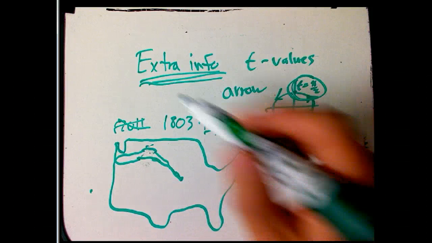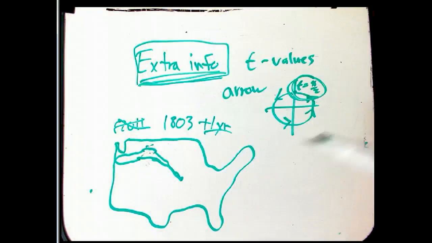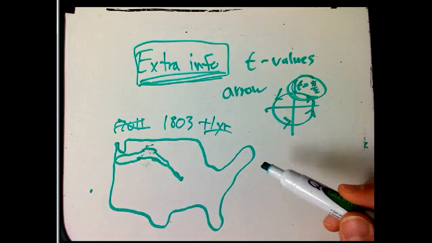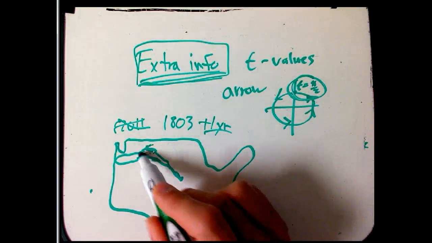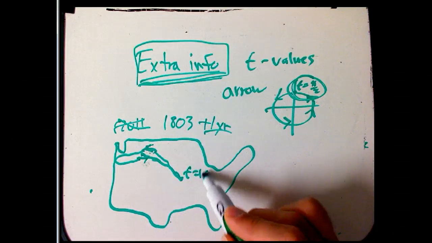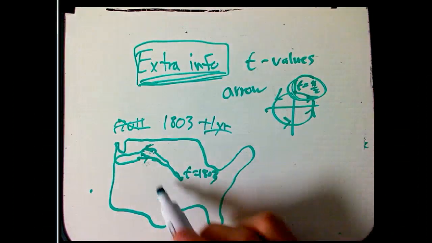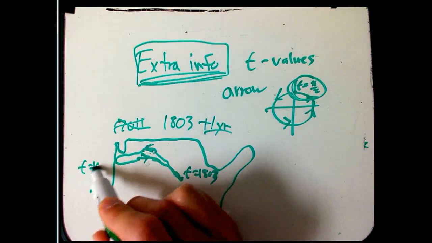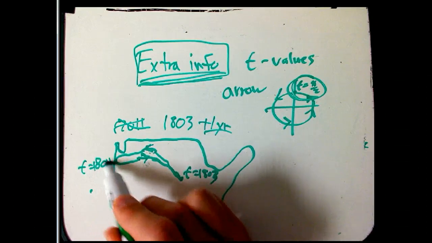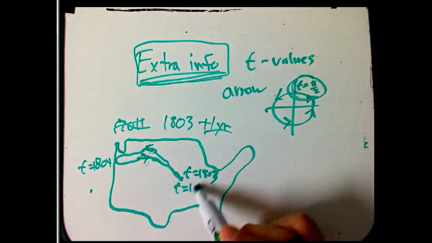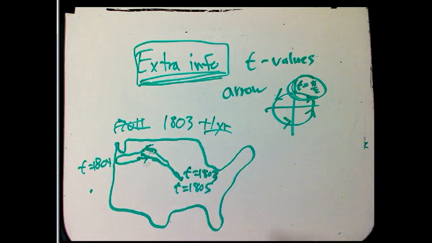And that's one thing I want you to remember in terms of the extra info that we get with a parametrized description. We get those t values, like this is t equals 1803, this is t equals 1804, and then we're back here 2 years later. I'd have to look up exactly how long they took, but they took a long time.